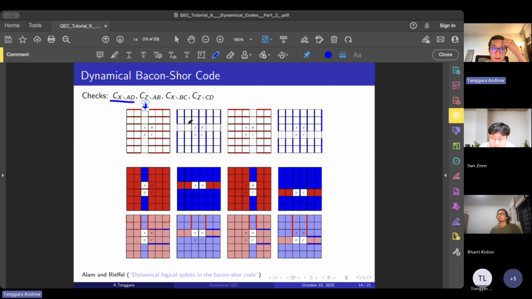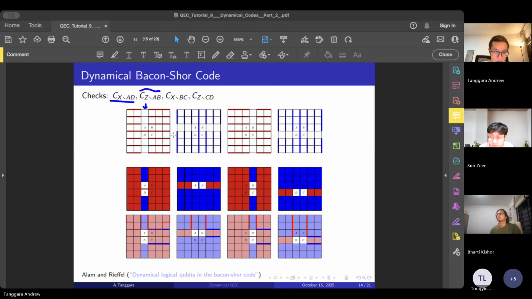In the next round, I'm going to do these Z checks on the blue edges, except those in this AB row, and that's this second thing. The third and fourth check measurements are defined similarly, but we just shift these rows and columns where we don't measure the checks, except for one in the middle.